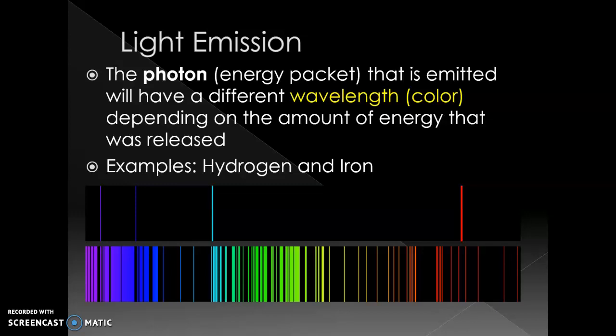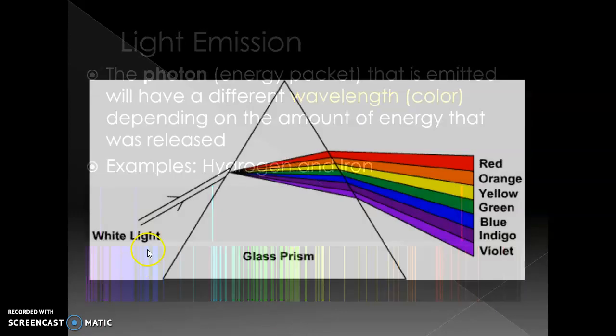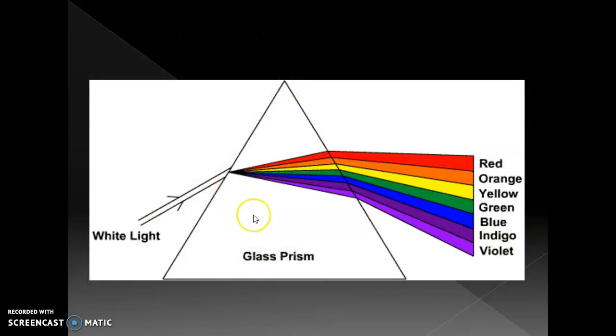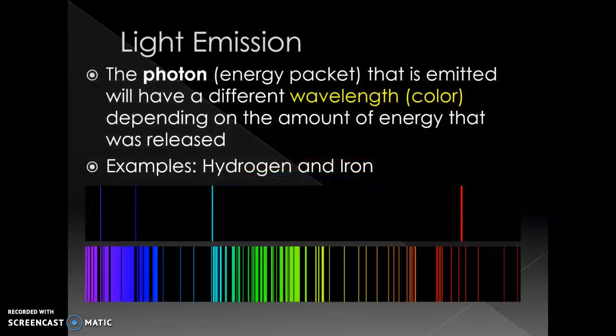That photon, that energy packet that is emitted, has a wavelength, and if you split that light emitted from the atoms into all of its various colors, you would end up with what's called a light emission spectrum for that atom.